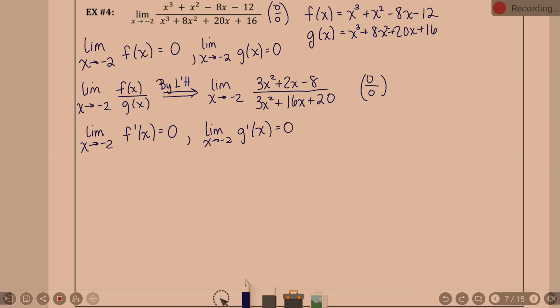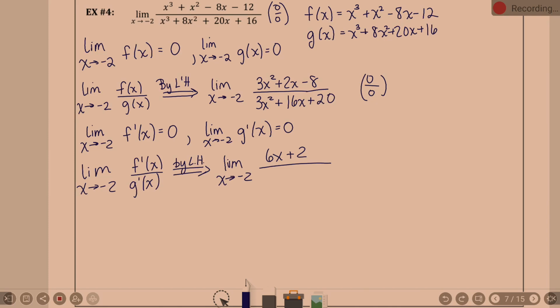So the limit as x approaches negative 2 of f prime of x over g prime of x. And again, we showed that they're both zeros, so I'm going to say by L'Hopital's, limit as x approaches negative 2, derivative of the top, 6x plus 2, derivative of the bottom, 6x plus 16.